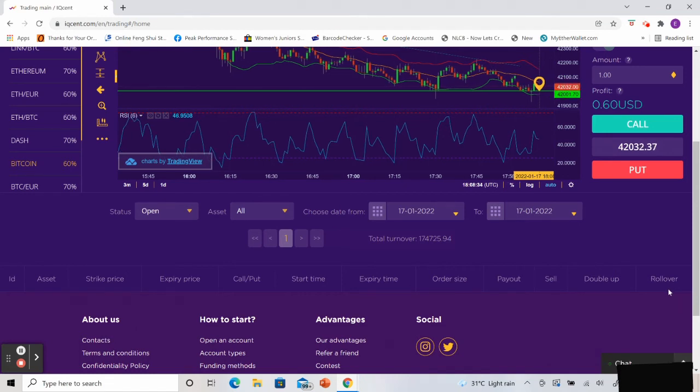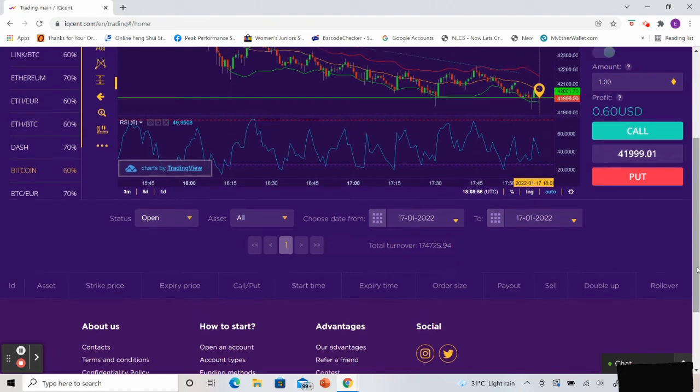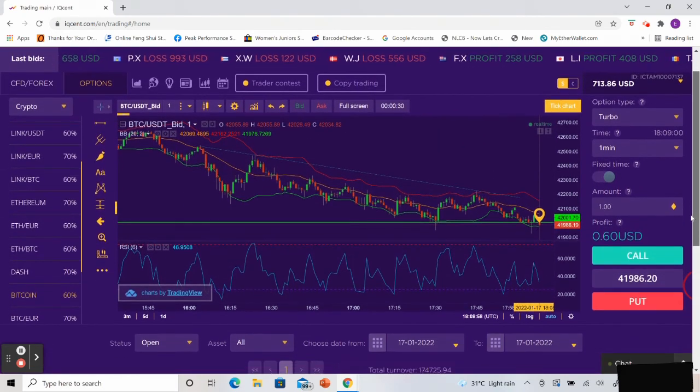It would have been $1.30, and if it had gone in my direction, I would have gotten my 60% on the $1.30. I can also double up, which means I can enter two positions when I realize the market is going my direction. So it gives me an opportunity to generate higher profits by entering a second position, right? So this is one of the pros.